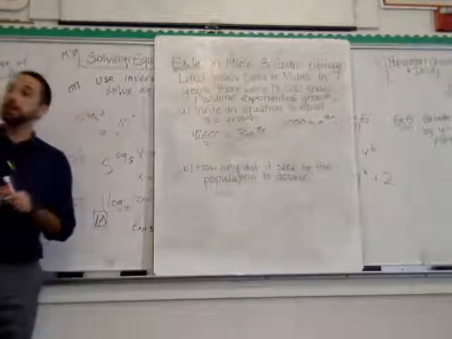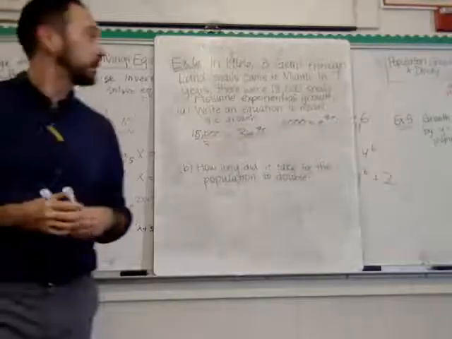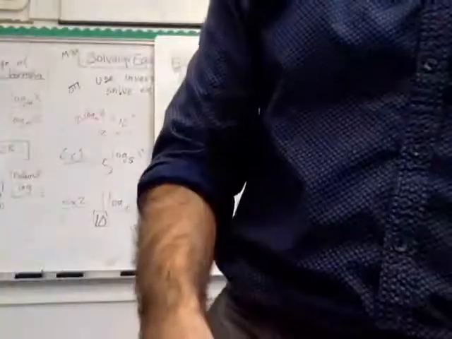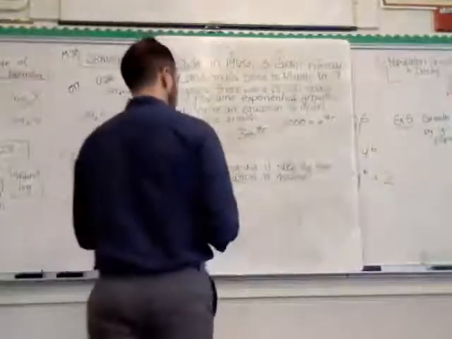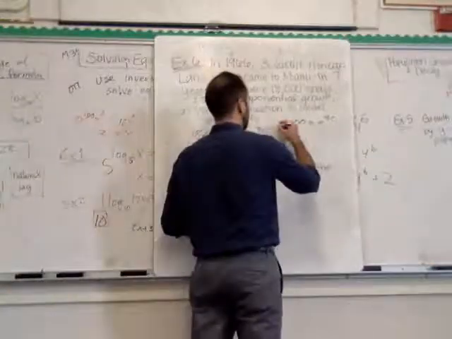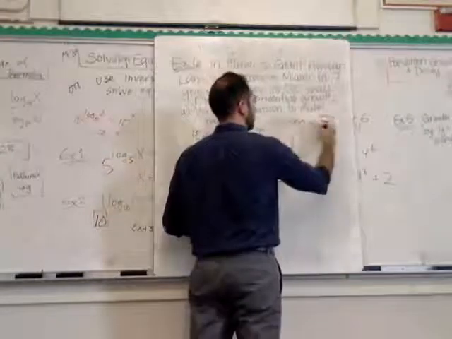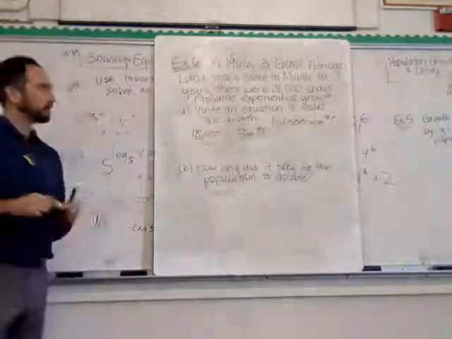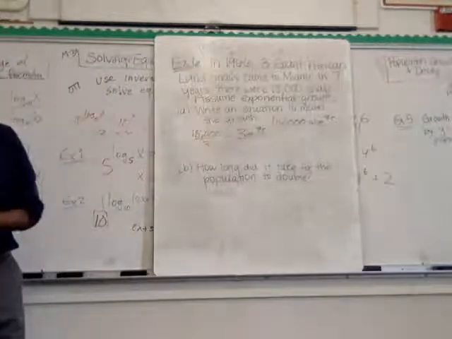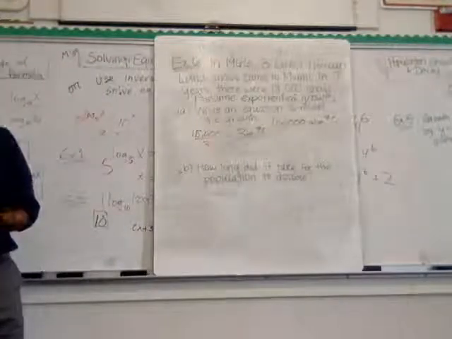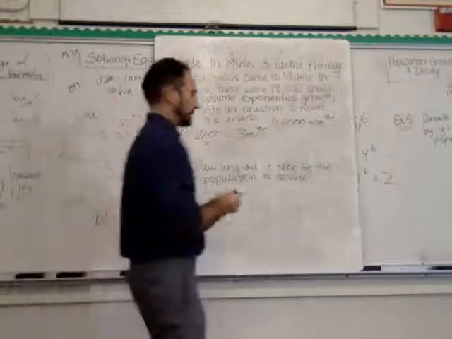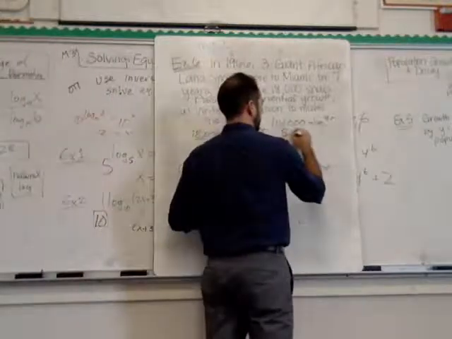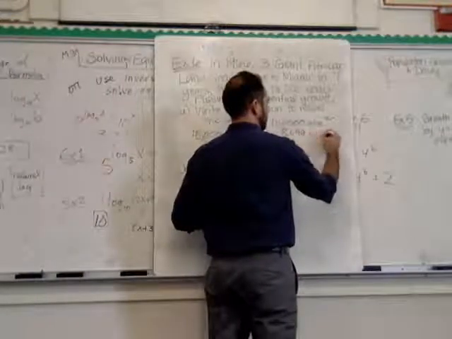Then take the what of e? The natural log. So we're going to take the natural log here, the natural log there. The natural log of 6,000 you could find, that's a value: 8.699 is equal to 7r.